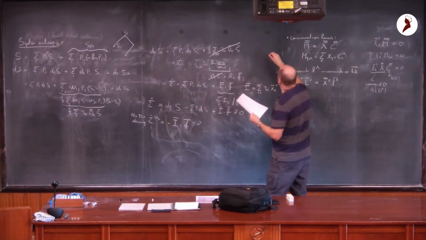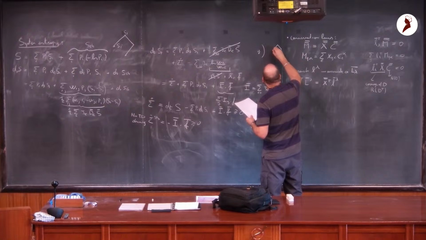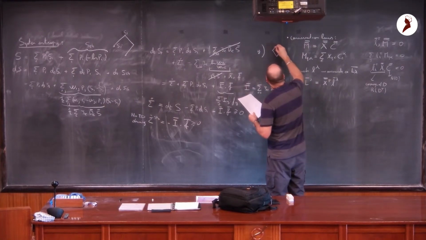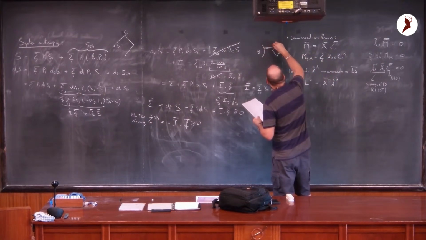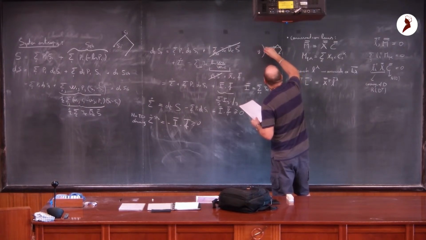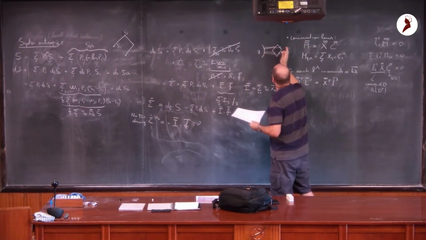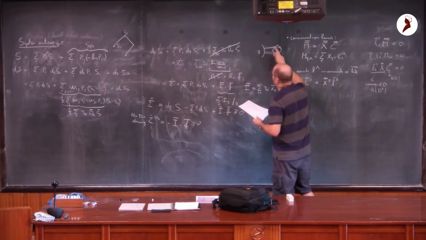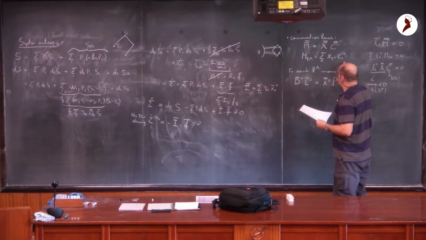If you want a pictorial, there's a cycle, and I'm going through this cycle and counting all the changes. Maybe this goes in, this goes out, this goes out, this goes in. All the changes, if it's energy, of energy with this reservoir, when I complete that cycle. That's the meaning of that object.